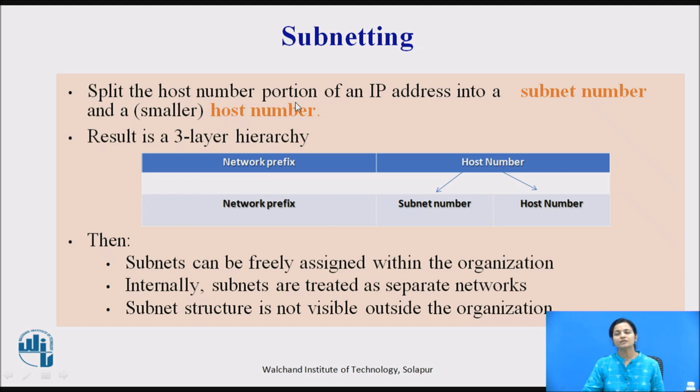Split the host address portion of the IP address into the subnet number. This total is our IP address, and generally we have two parts: the network prefix, and the remaining part, which is the host.